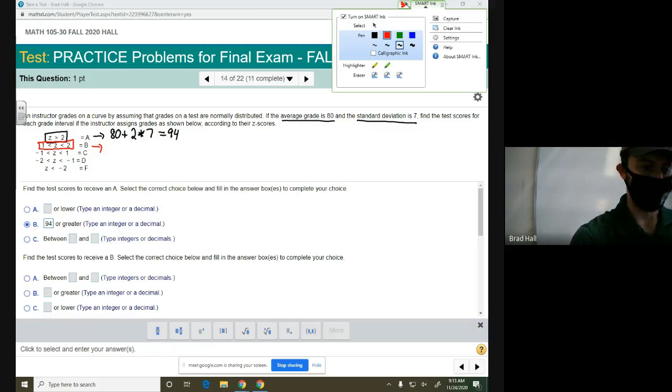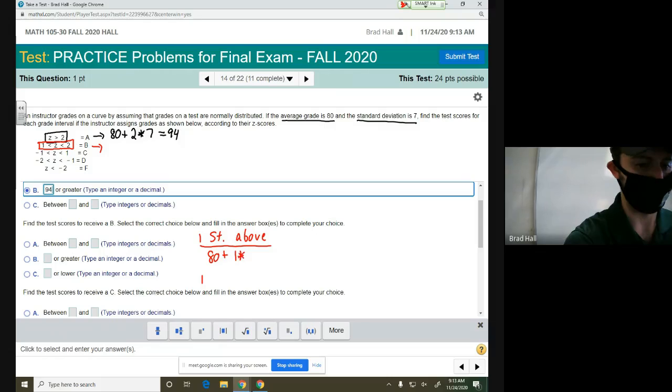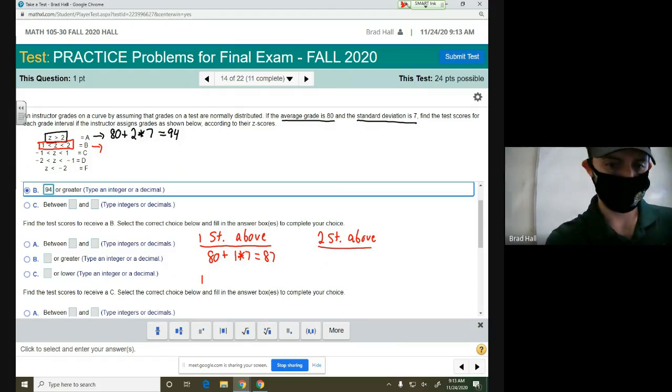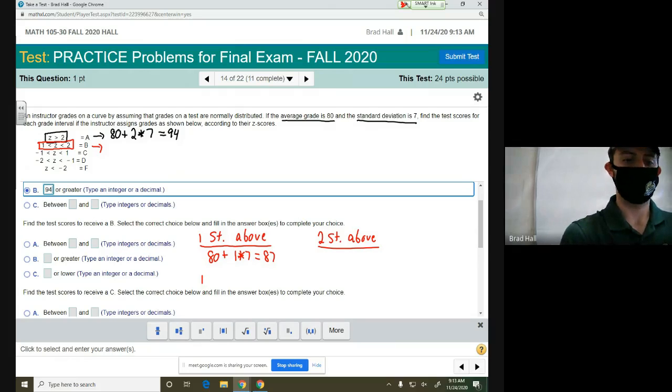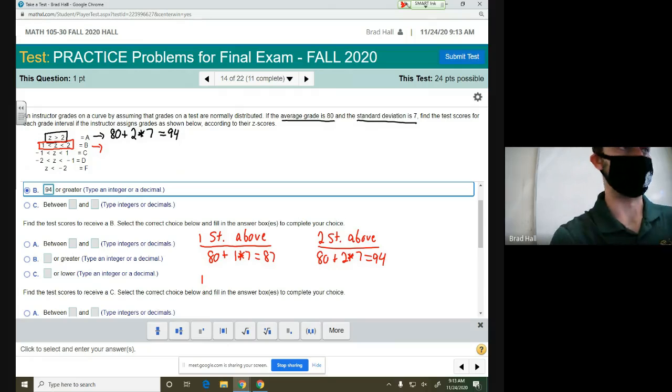So for 1 standard deviation, and this is above because the z-score is 1, that will be taking the mean and adding 1 times the standard deviation, which is just 87. And then 2 standard deviations above, which is the upper bound for a B. Well, we actually already did that. It's 80 plus 2 times 7, which is the 94.